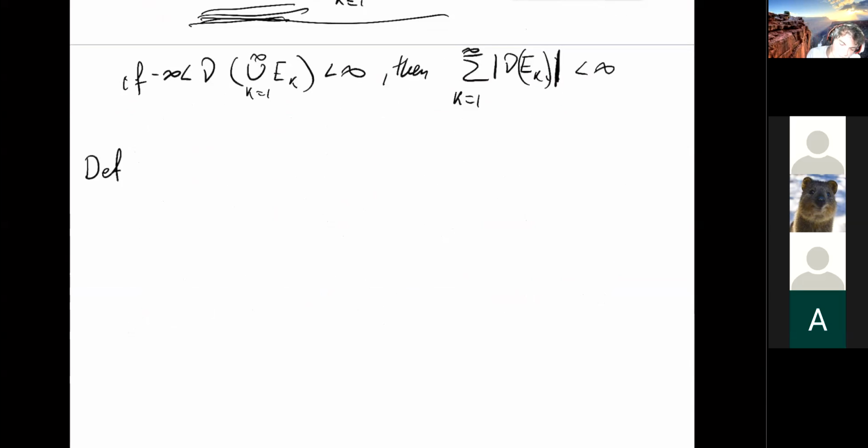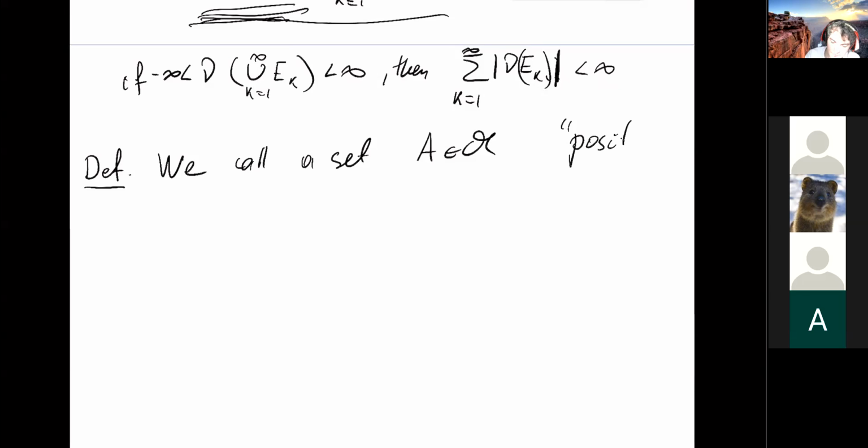Okay, and one more definition. So we call a set A in the sigma algebra positive with respect to nu, which will probably drop because it will be obvious with respect to nu.